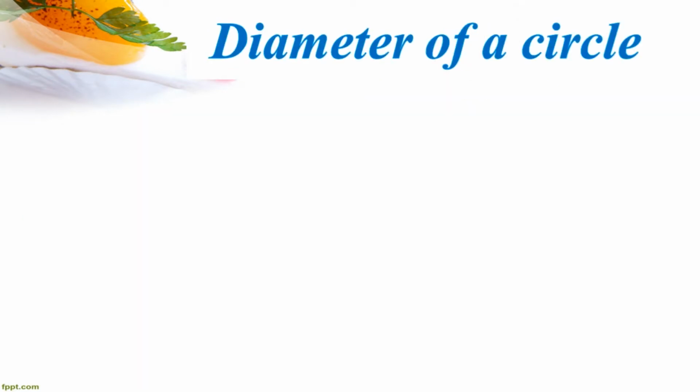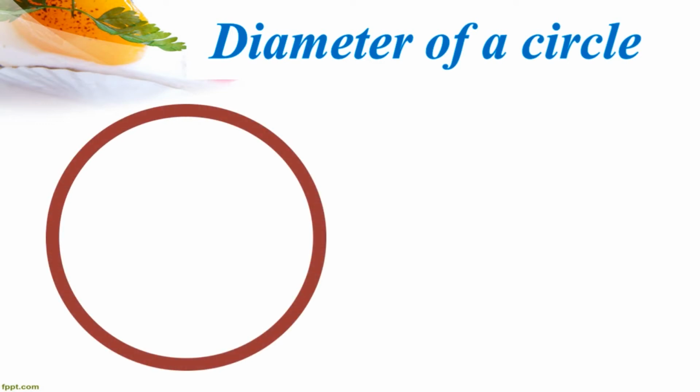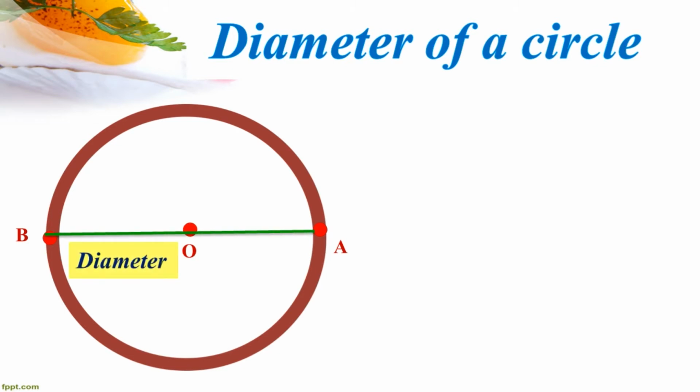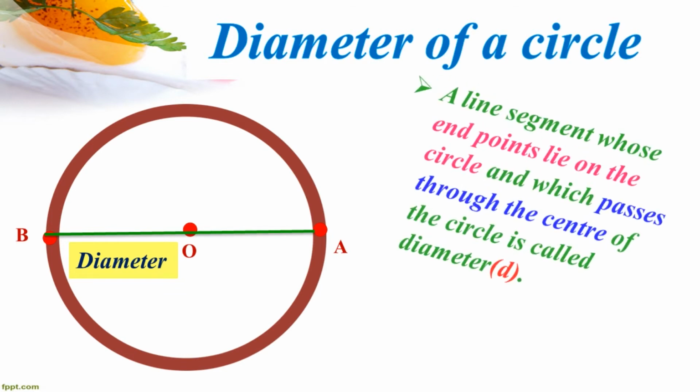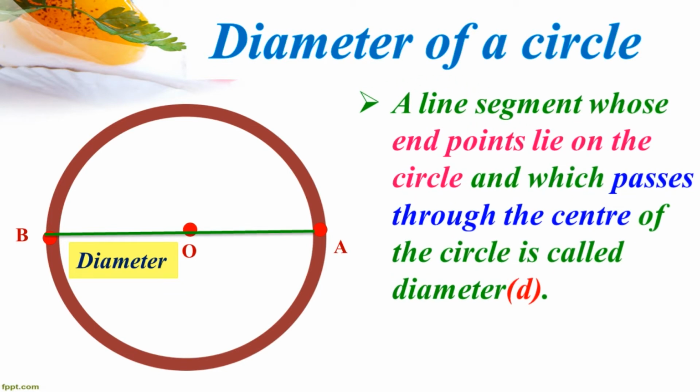So let's see the diameter of a circle. A line segment with both its ends touching the boundary of the circle and passing through the center is called the diameter of the circle. That is, a line segment whose endpoints lie on the circle and which passes through the center of the circle is called the diameter. The diameter is denoted by the small letter d.